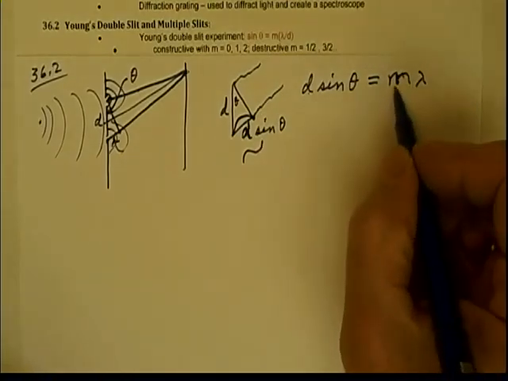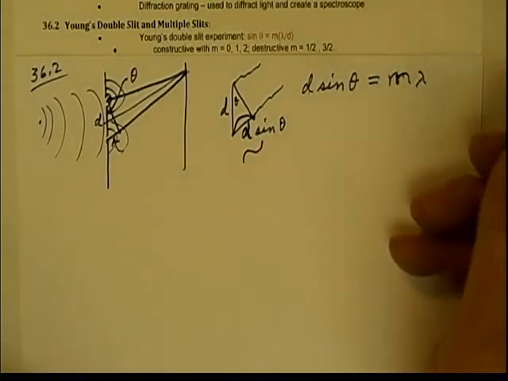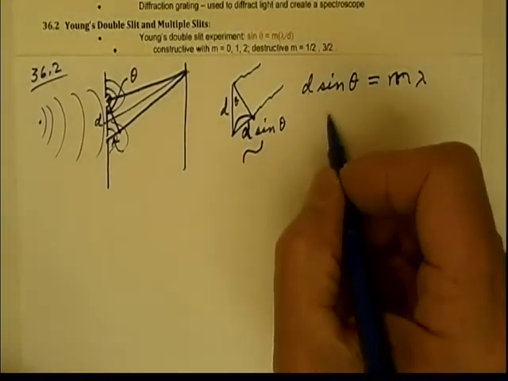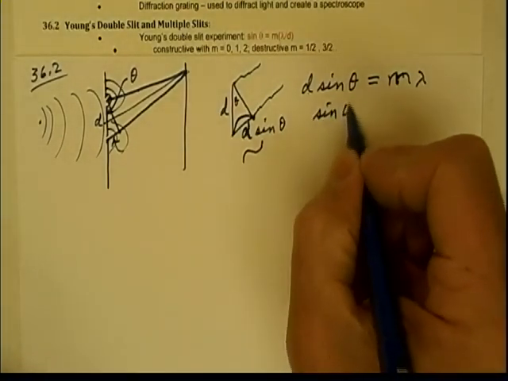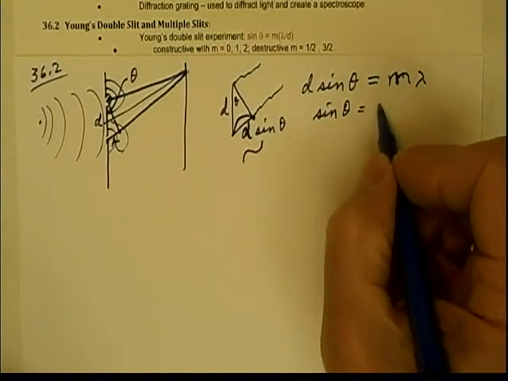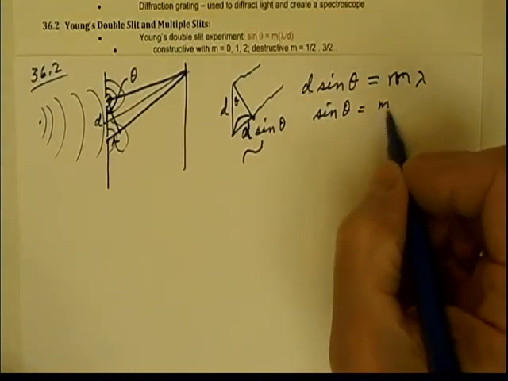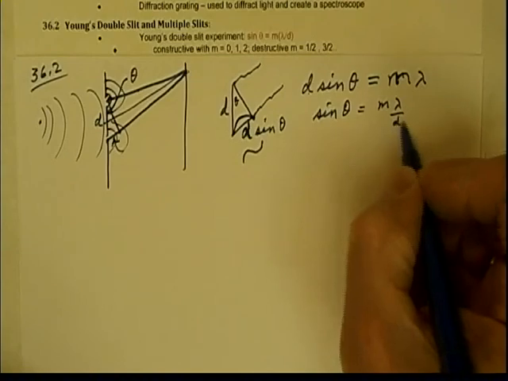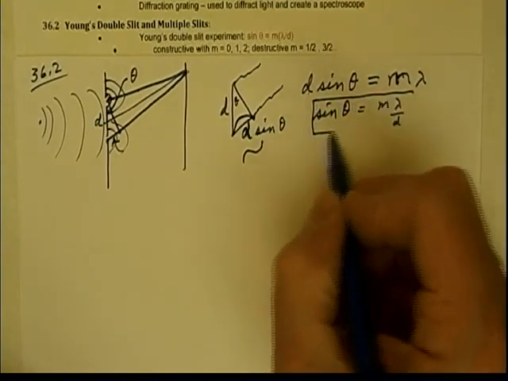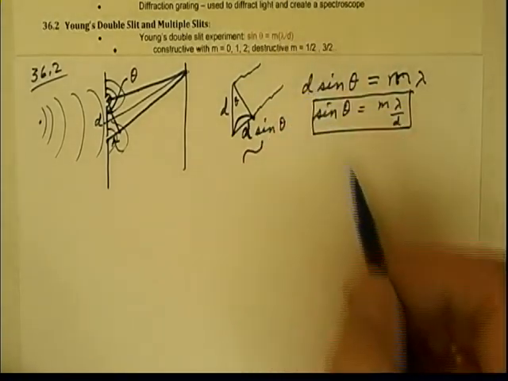M times a whole wave, where m is an integer, 0, 1, 2, 3, 4, or whatever. And therefore we find that sine theta is equal to m times lambda over d, which is exactly the equation that we have right up here.